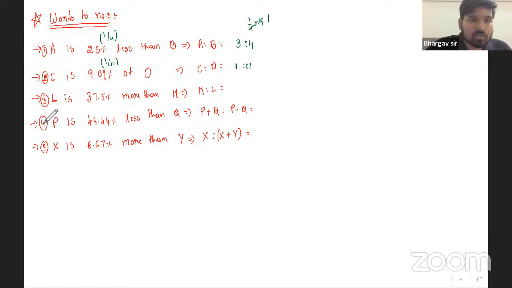Now coming to question number 3, 37.5 का मतलब 3 into 12.5%, which is 3/8, आपको पता होना है, राइट। अब M is the reference, so M को 8 दो. अभी मुझे 3/8 of M चाहिए क्योंकि उतना ज्यादा है L. M is already 8, so 3 ज्यादा, मतलब I should get plus 3, which is 11.